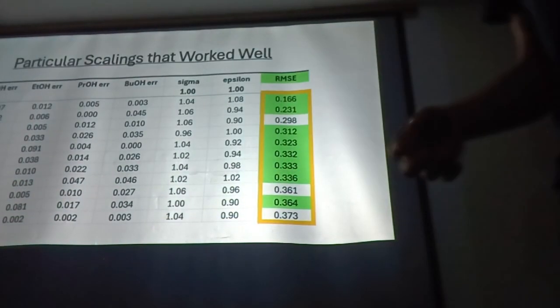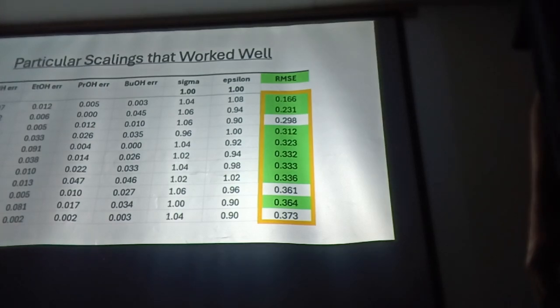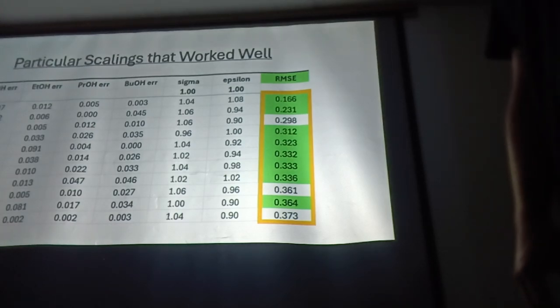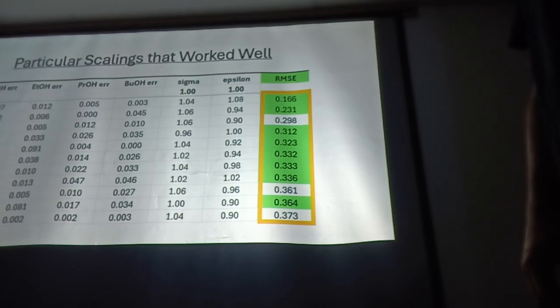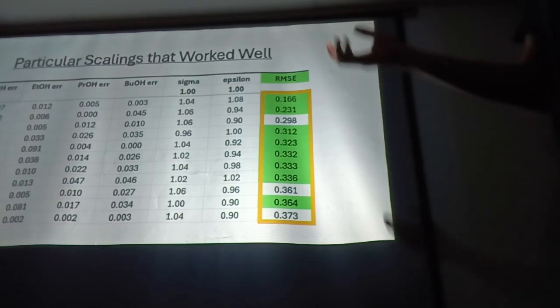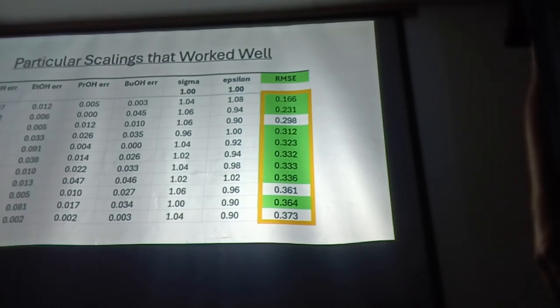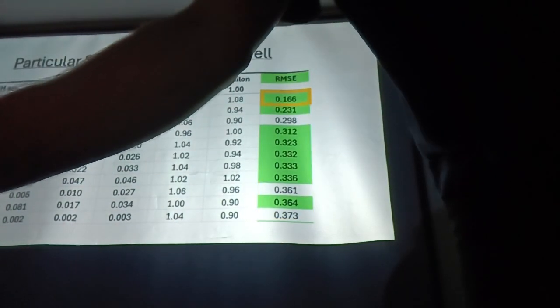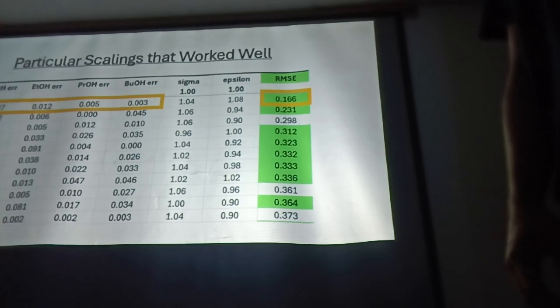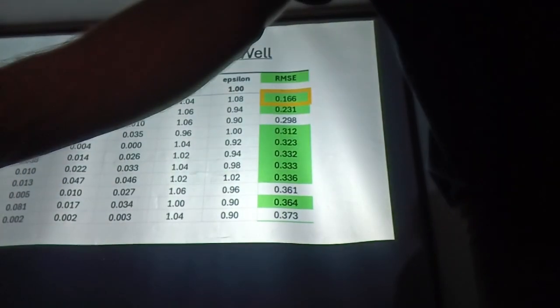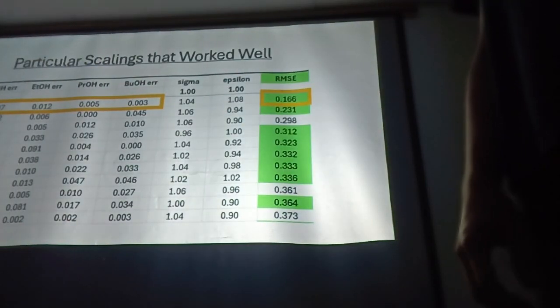And this, in effect, is the score of each model. A lower score is better, indicating more valid diffusion results. So the highest ranked model is when we scaled sigma and epsilon by 1.04 and 1.08, 4 and 8% respectively. And those are the difference in error between experiment and each system.